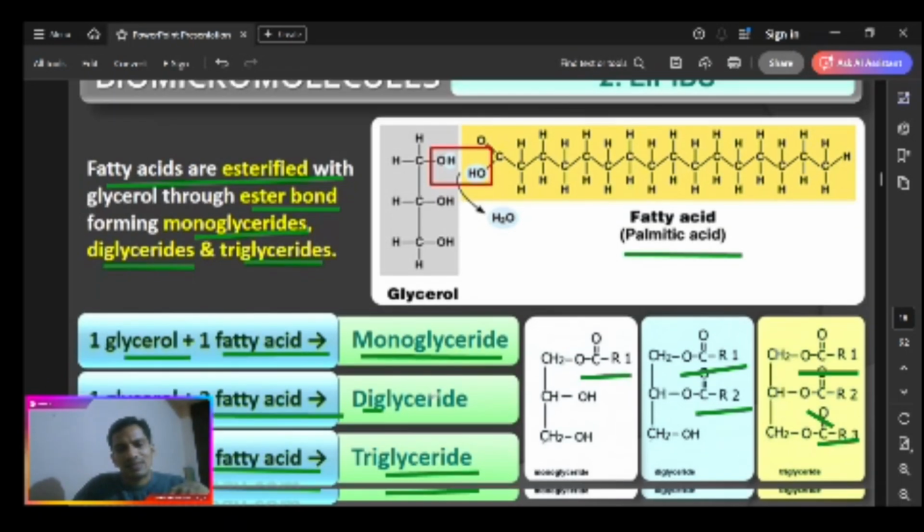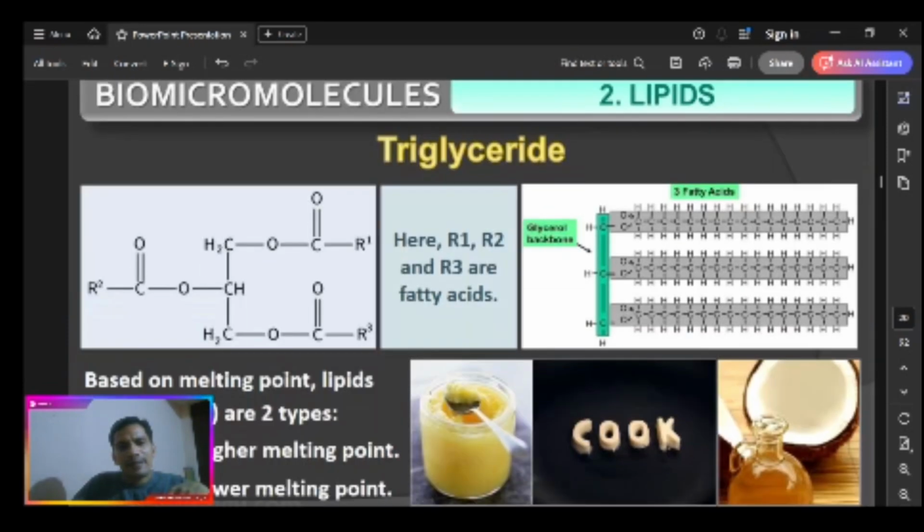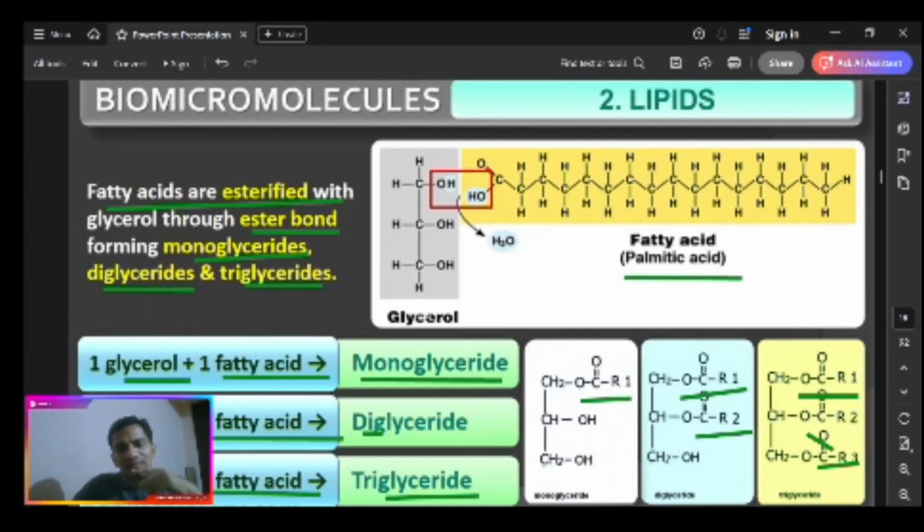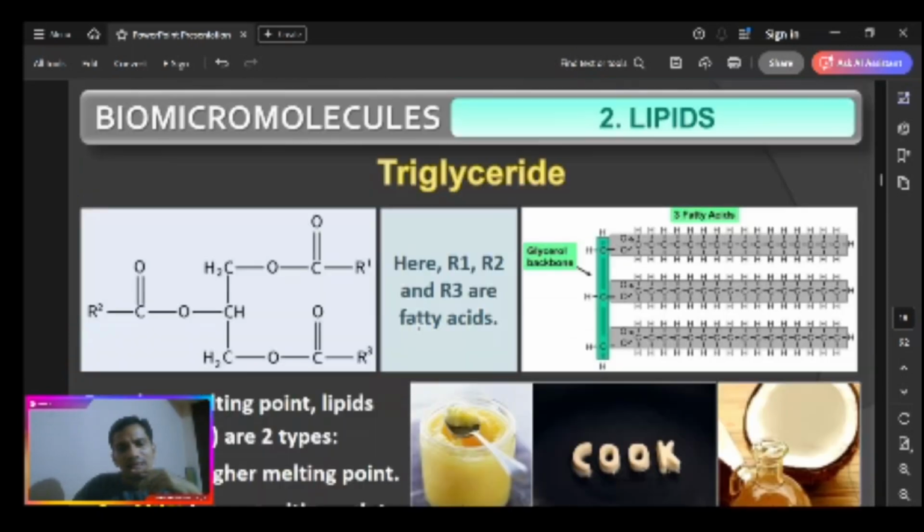Got it? Then here are the triglycerides. See, triglycerides are classified based on melting point. The structure is given as R1, R2, R3 with the common glycerol.